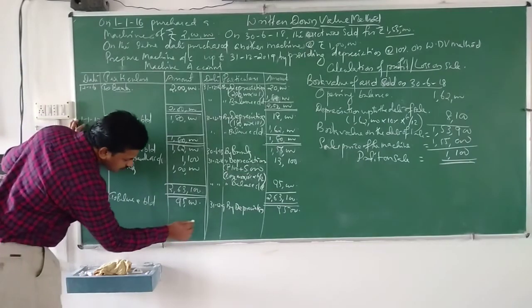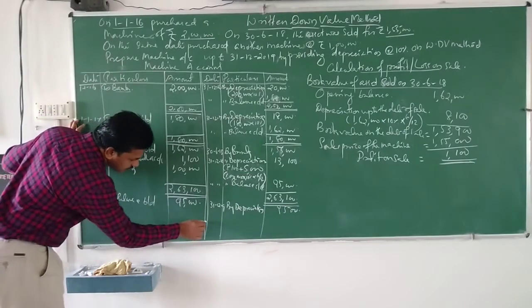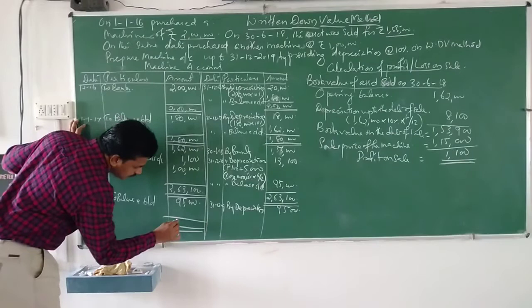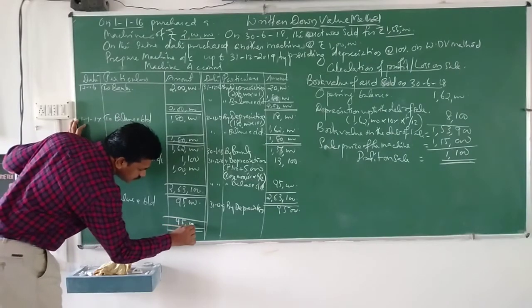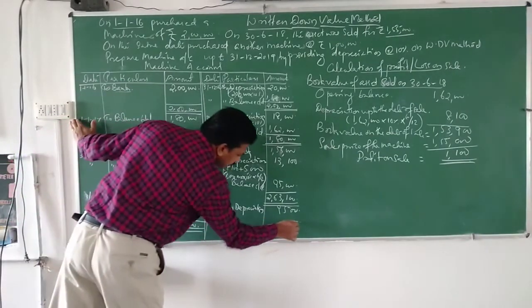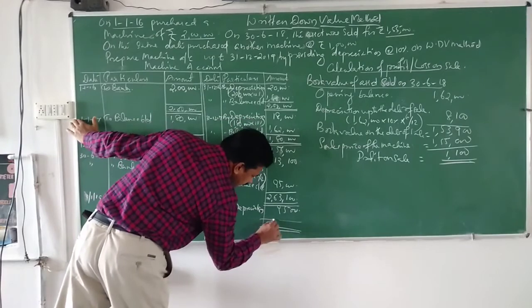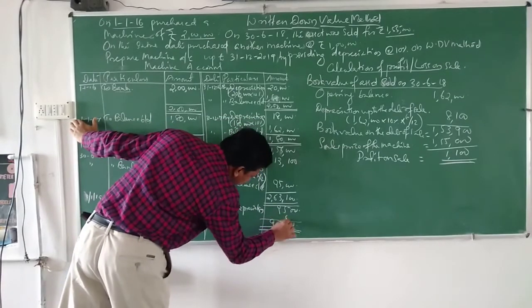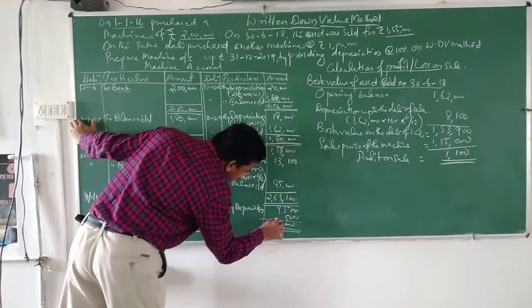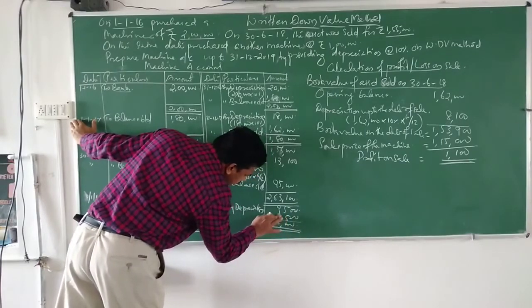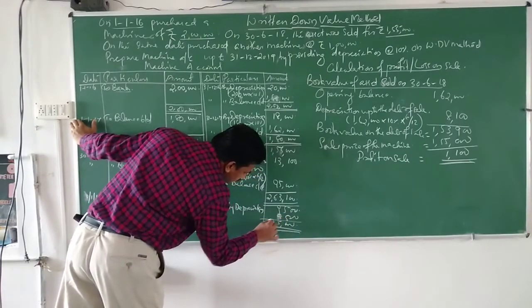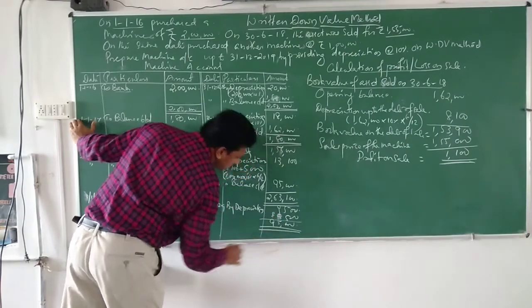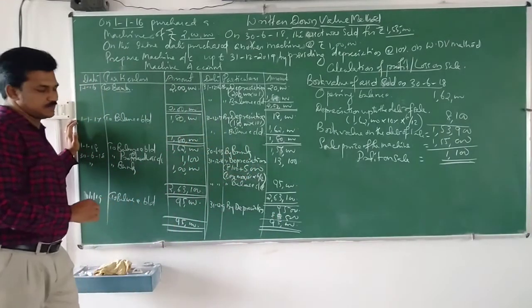So this we can cross here. 95,000 minus 9,500. 85,500.